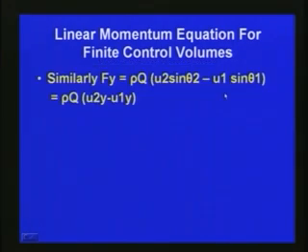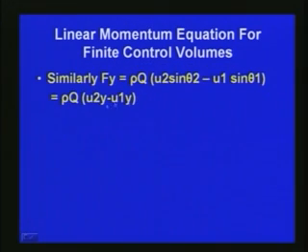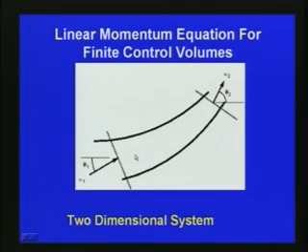So, Fy, the rate of change of momentum in the y direction, is rho q into the velocity change in the y direction, u2y minus u1y. This is the case for a 2-dimensional system.